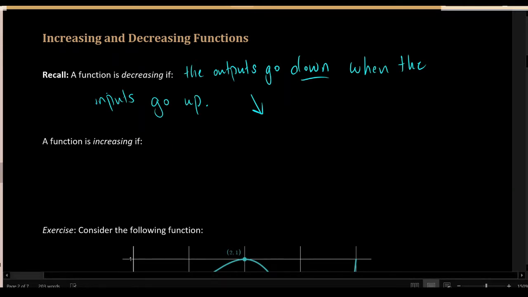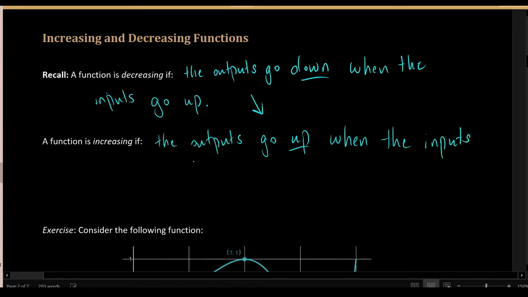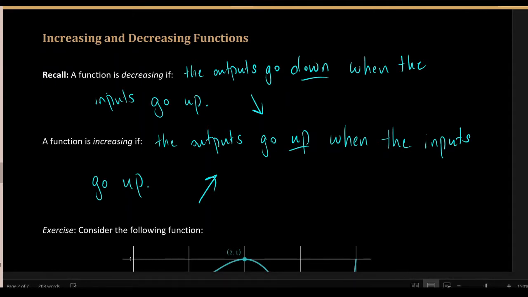A function is increasing if the outputs go up when the inputs go up. So graphically, an increasing function seems to be pointing toward the top right, because as you move to the right and the inputs increase, then the graph rises and the outputs also increase.